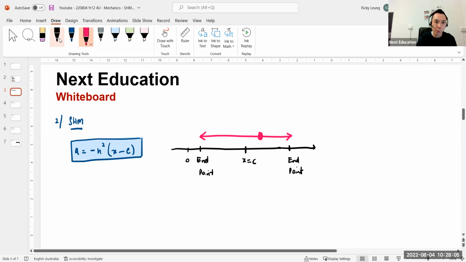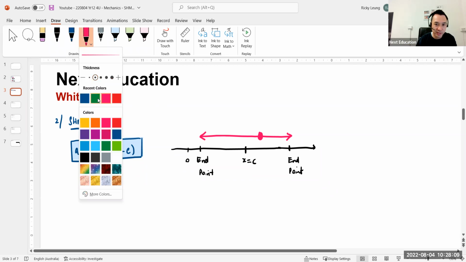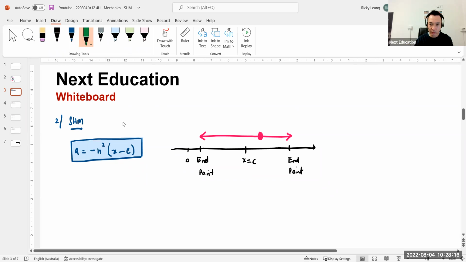Now, with that in mind, what do we know? There's a few things that I need to put down on this diagram, right? So you can imagine what happens is, as this point moves to the endpoint, it stops, right? There's a hard stop there. Guys, we know when a particle in motion stops, velocity is 0. That is key, right? So when you sub in velocity is 0, you can find the time it takes to go to the endpoints.